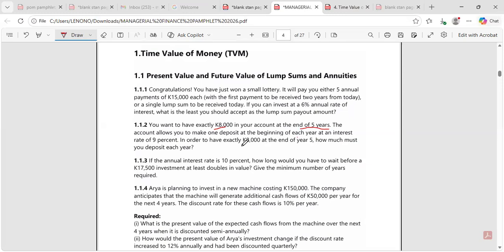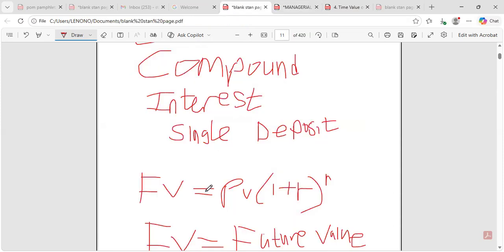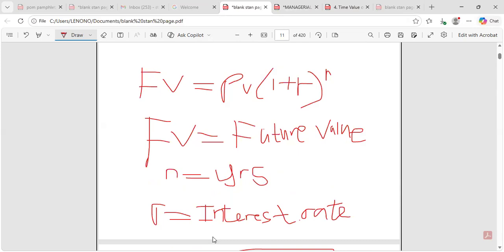So in order to have 8,000 at the end of 5 years, how much must you deposit each year? So this one becomes an annuity because it's a series of equal payments.